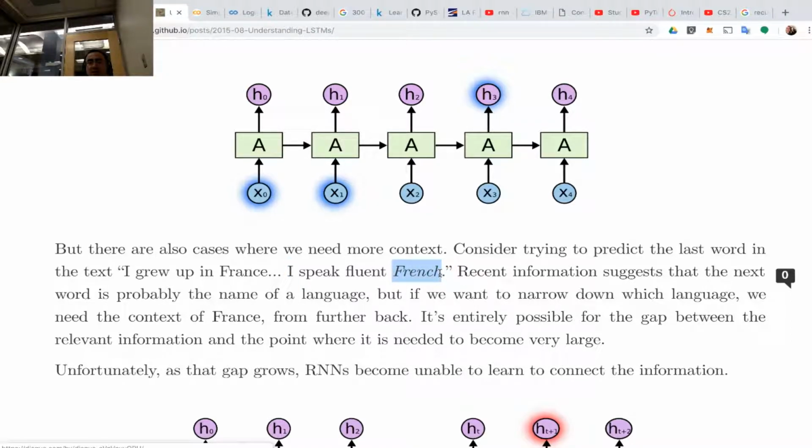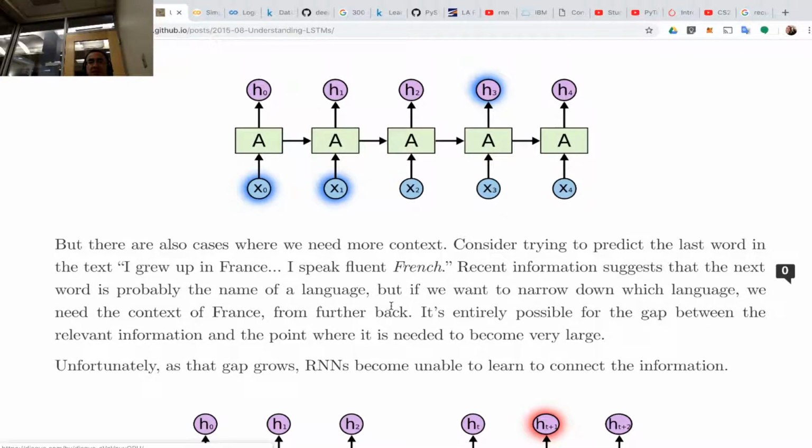It's French. Recent information suggests that the next word is probably the name of a language. But if we want to narrow down which language, we need the context of France from further back.